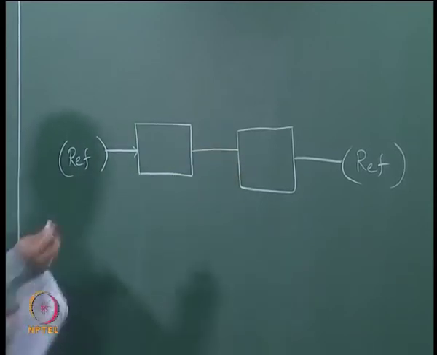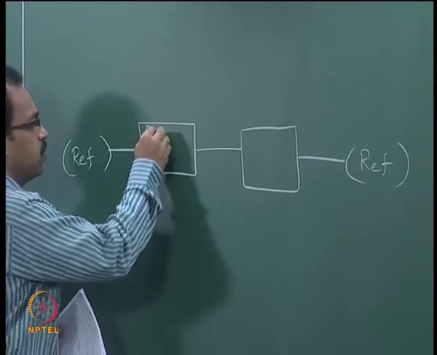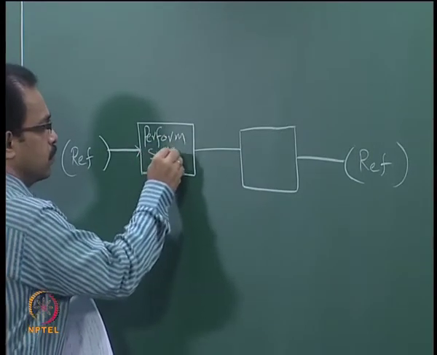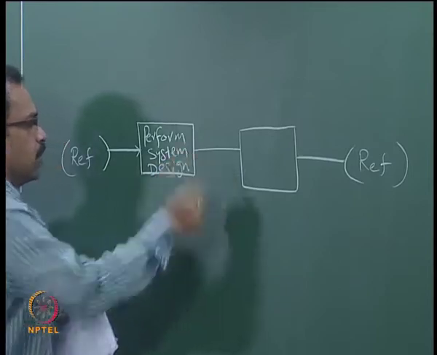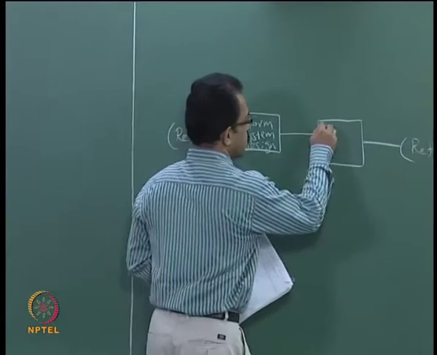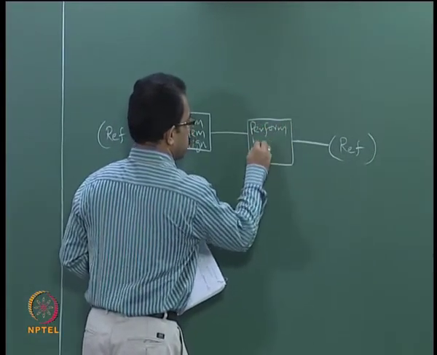For example, if you take the system design activities, we say perform system design activity. Once we complete the system design activities, only then do we go for the integration activity. So perform integration.